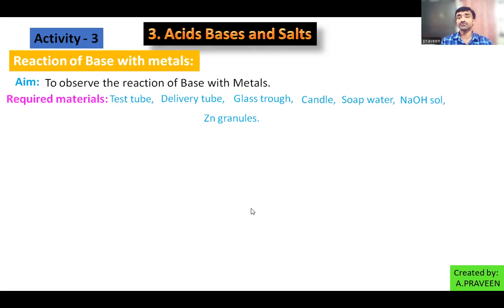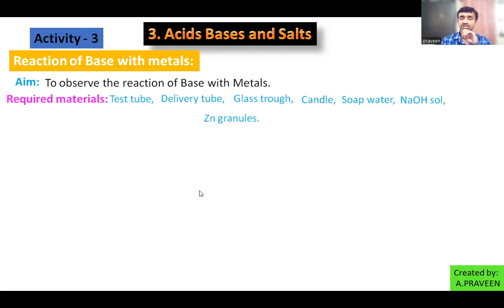Here you have the reactivity series. What is that reactivity series? Simply, the metals which are highly reactive are above hydrogen. The metals which react slowly, below hydrogen, are the least reactive. That we will learn in metallurgy, right? So that we will discuss in detail in the 11th chapter.